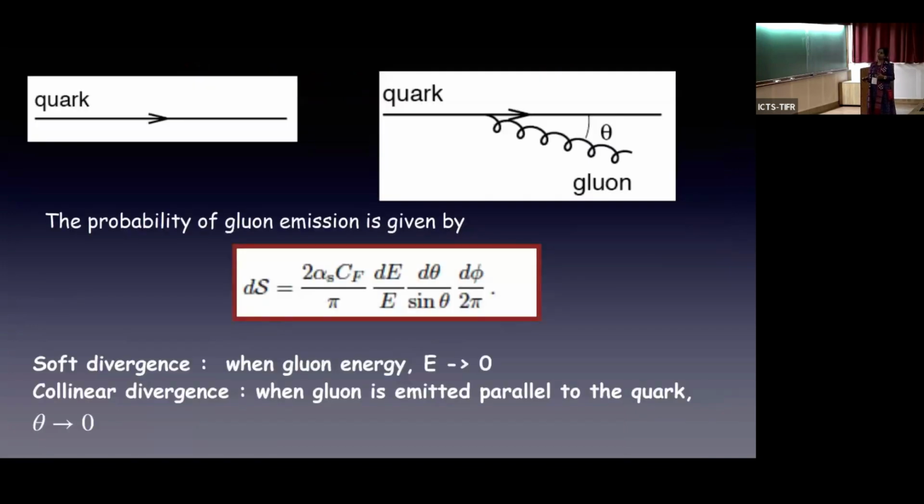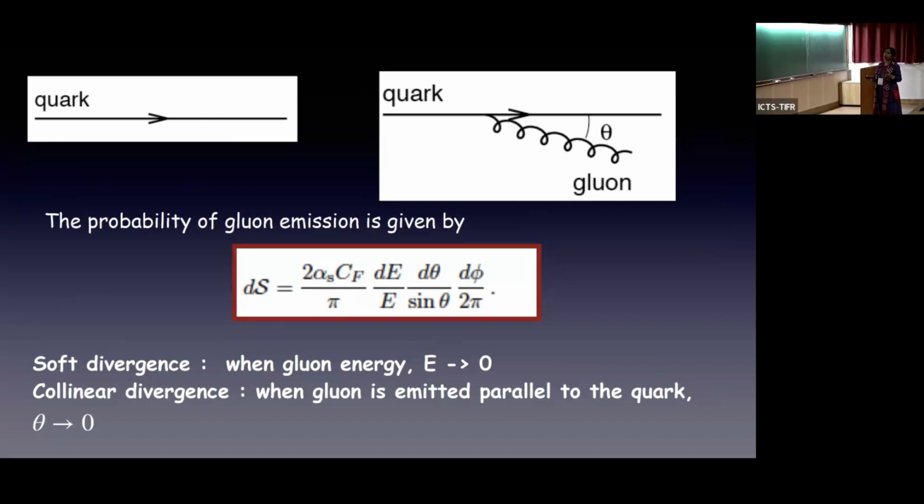Now, this probability of gluon emission is given by this expression. If you consider the E and theta dependence, you can see that if you emit a gluon with very small momentum, what you call a soft gluon, then it diverges. This is known as infrared divergence.